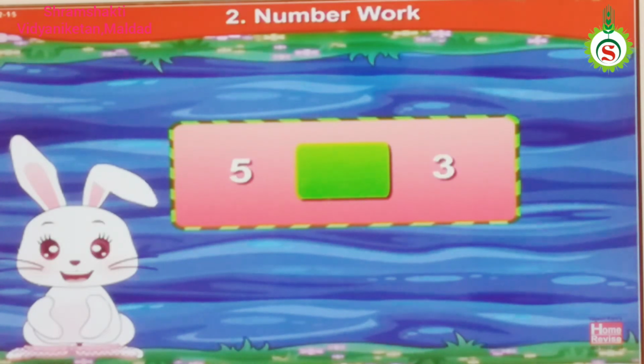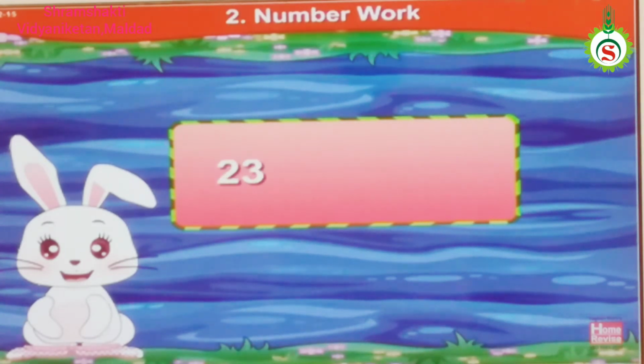5 box 3. 5 is bigger than 3. So we put the symbol of greater towards 5, as 5 is greater than 3. 23 box 25. Now here 23 is smaller than 25.